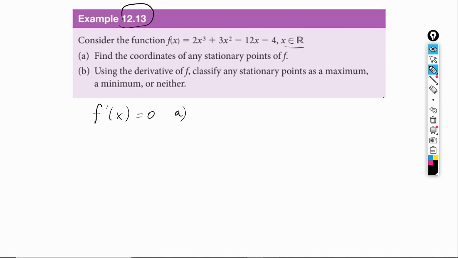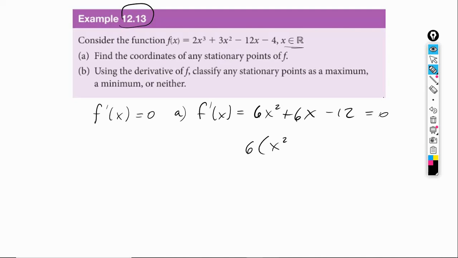So let's find the derivative of f of x. We're going to have that it's 6x squared plus 6x minus 12. And then let's equal it to 0 to find the coordinates of those stationary points. So we equal this to 0, and we can factor, right? Let's factor out the 6.